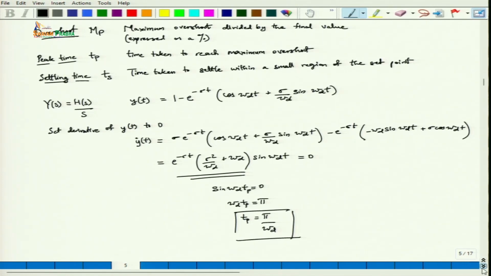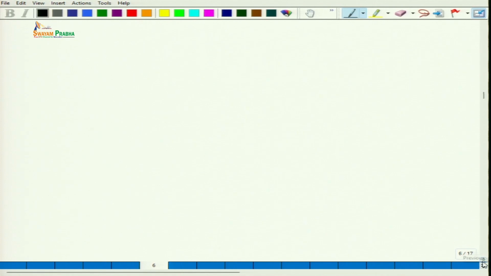Now, once we have this expression, we can go back to the expression for y and substitute instead of t to be Tp, and what you will get is this particular expression here.